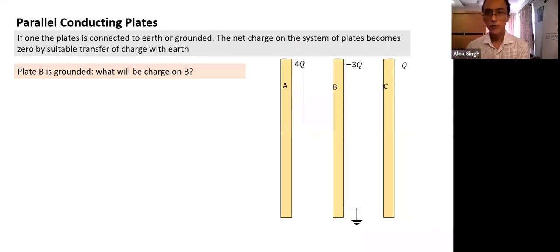At least 20 people should have an answer. This is not a very complicated question. Most of you should get an answer. Plate B is grounded. What will be the charge on B? First we'll calculate B and then we can calculate all 6 surfaces. 7 people have answered.